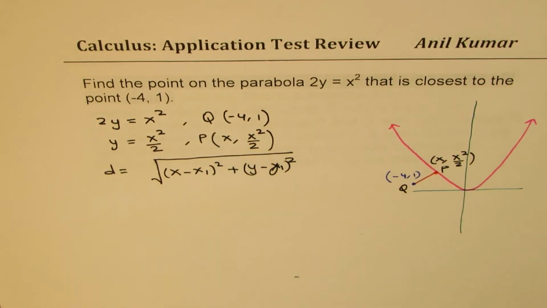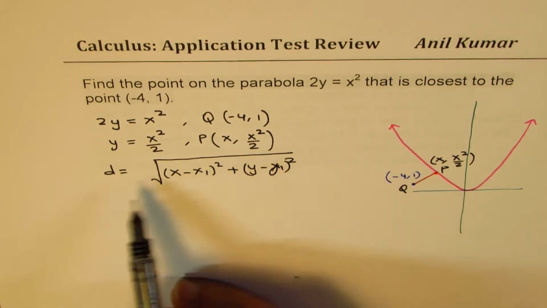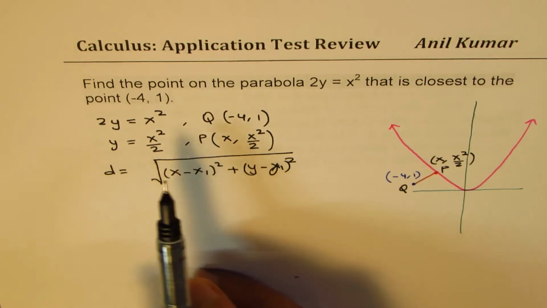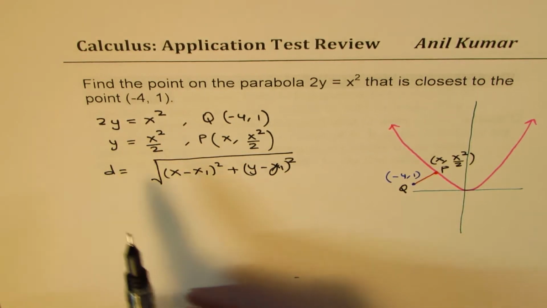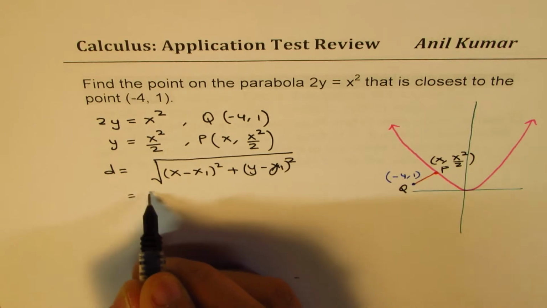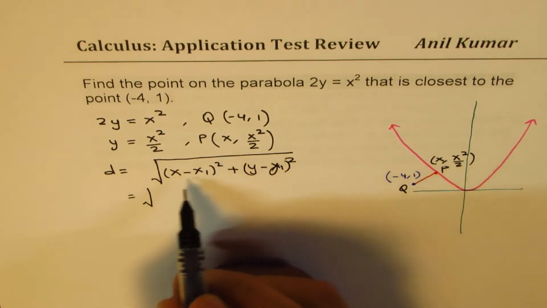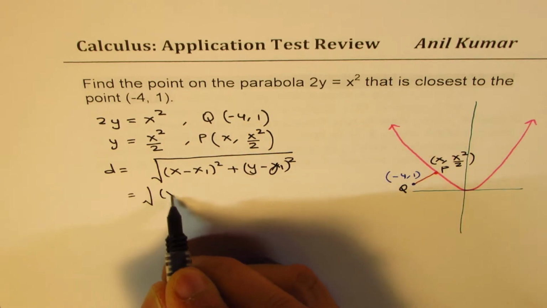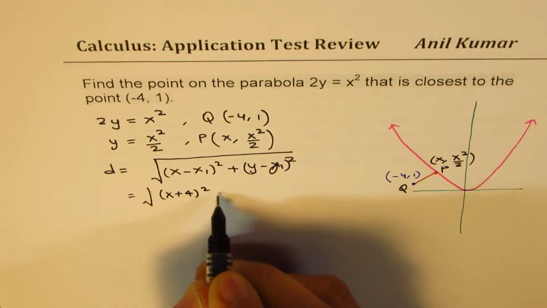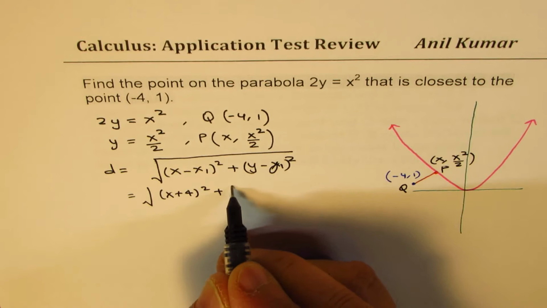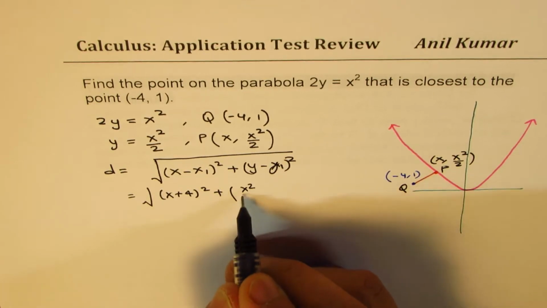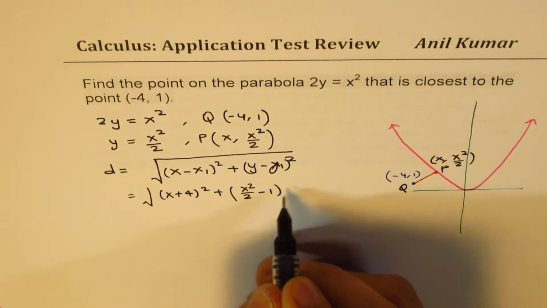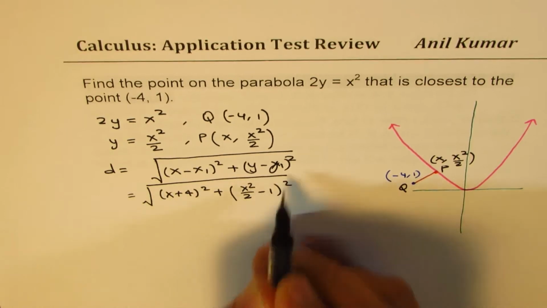We'll just apply this general formula and then to find the closest point, we'll find the first derivative. So we can say distance is equal to, in our case, the square root of x plus 4 whole square, plus the y value, x squared over 2 minus 1, whole square.